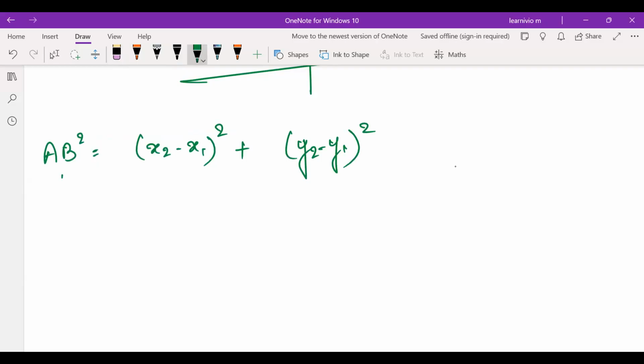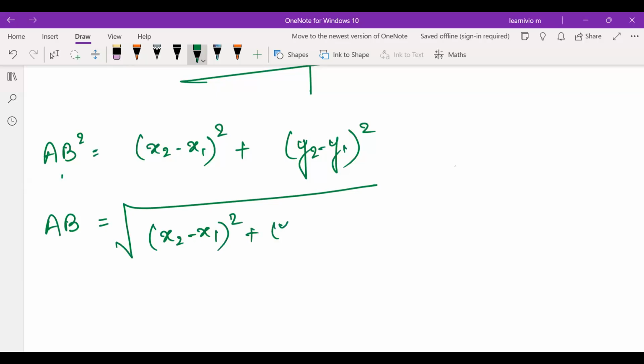I'm just telling you. We write it this way: the distance AB is root of (x2 minus x1) whole square plus (y2 minus y1) whole square. Here a plus minus sign will also come, but since we are talking about the distance, we don't take the negative sign.